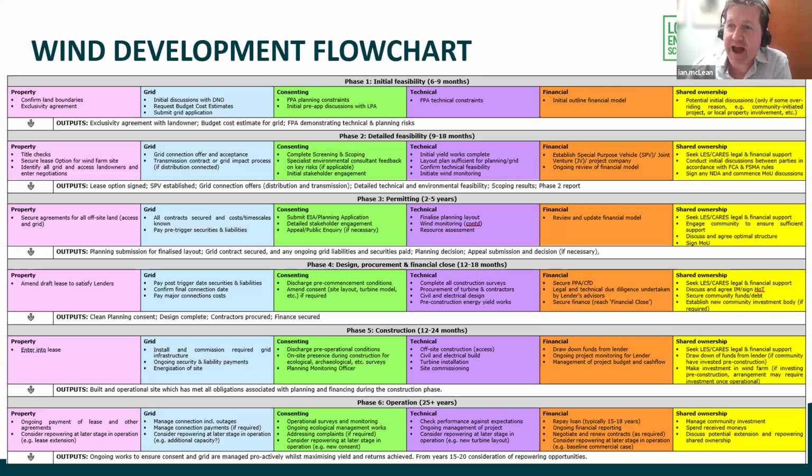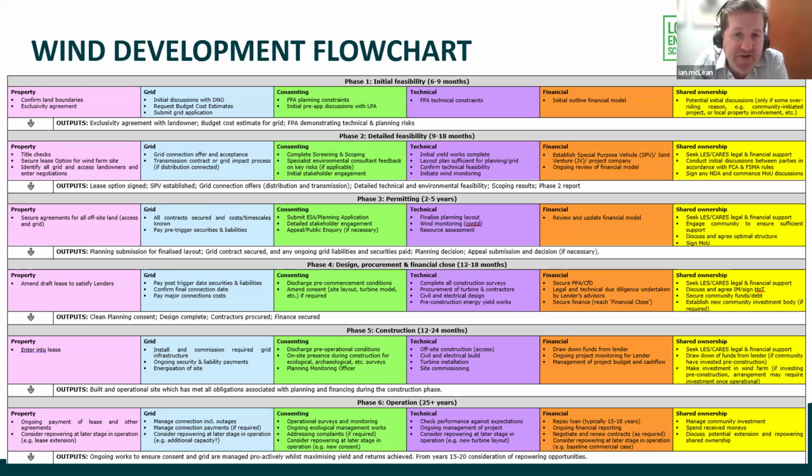What we've tried to set out here is each of the 6 phases, and what works are typically being undertaken in each of the different work streams during that phase. Despite what it looks like, we have not tried to capture everything that is happening, but look to focus on the typical key works across each work stream and at each phase. We've also included indicative timescales of the typical time taken to move through each phase, and this ties in with the project program, which is a Gantt chart, which I'll move on to next.